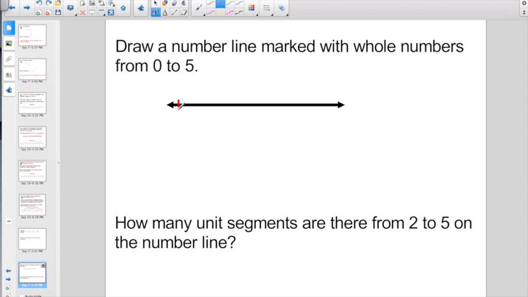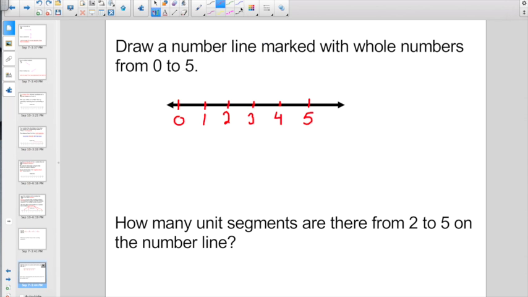If they want it from 0 to 5, there would be 0, there would be 1, then I'd have 2, making sure that I have about the same amount of space in between each number. It doesn't have to be perfect, but I don't want it real sloppy either. There would be 4, and let's put 5 right about here, right?